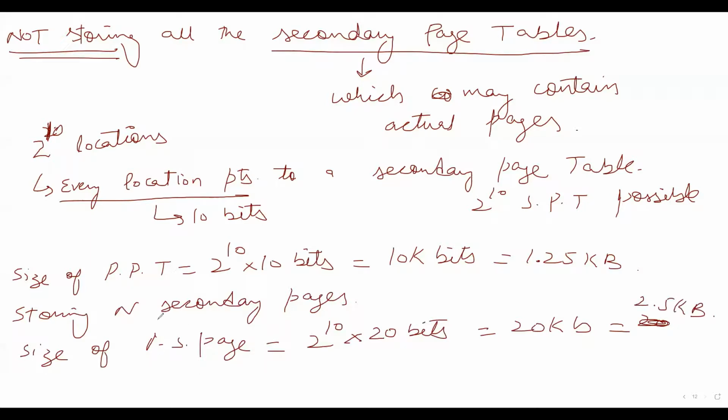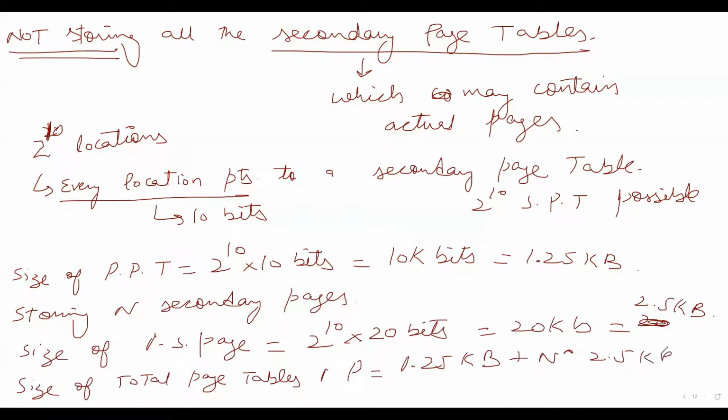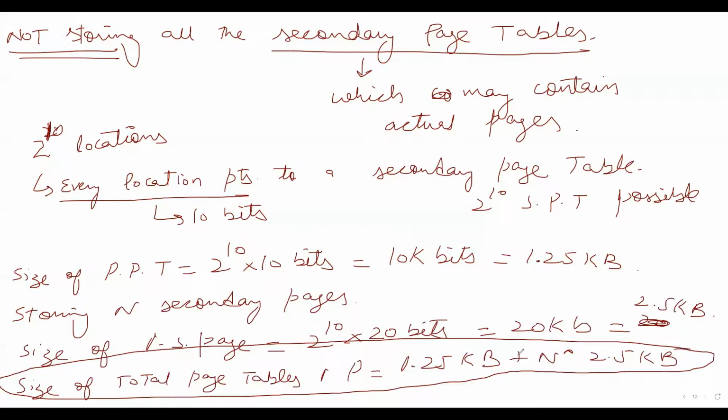So let's say we have to store n secondary pages. The size of total page tables for one process will be equal to the size of primary, which is 1.25 KB, plus n into 2.5 KB. This will be the size of all the page tables for one process in a two-level page table. So you can see that this helps us decrease the size of page tables.